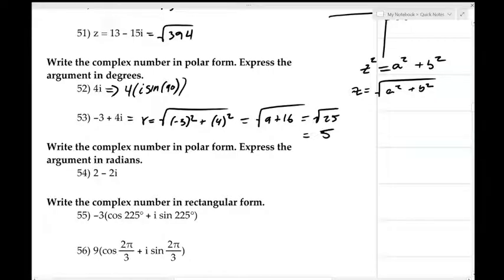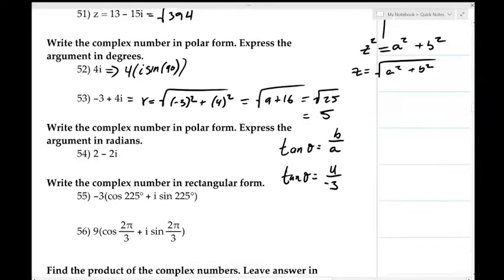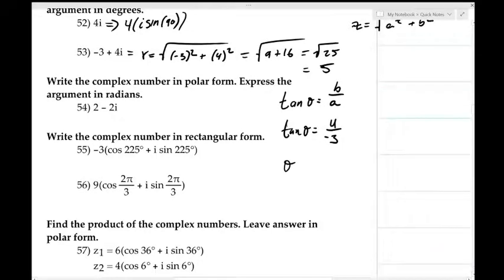Okay, so that's the value of the r. Then let's find the angle, and that's b over a. So tangent of theta is equal to 4 over negative 3, right? So theta is equal to tangent inverse of negative 4 over 3, and let's see.